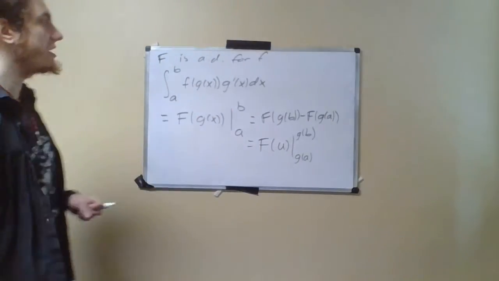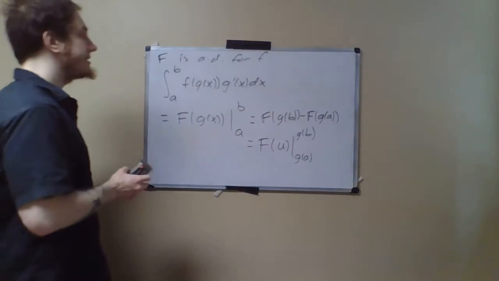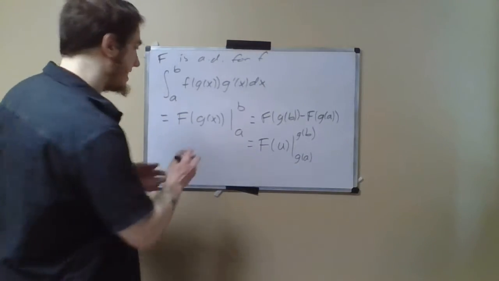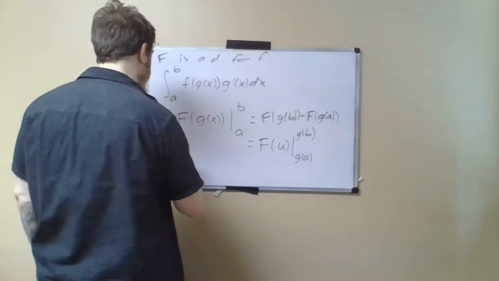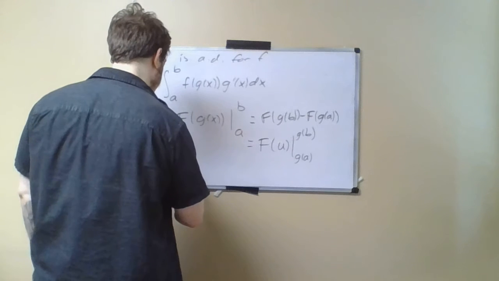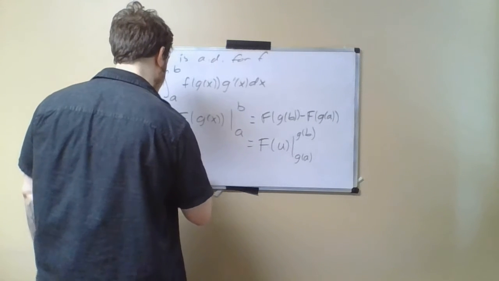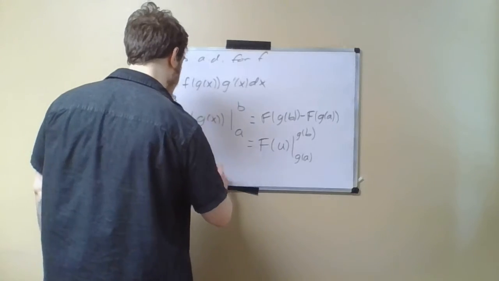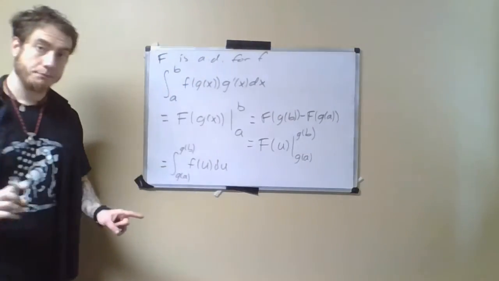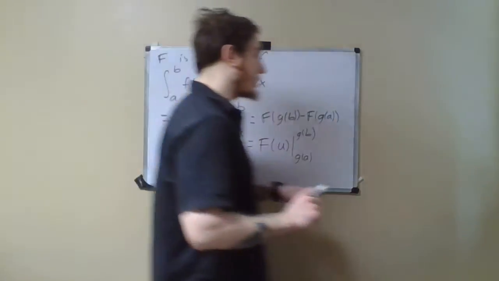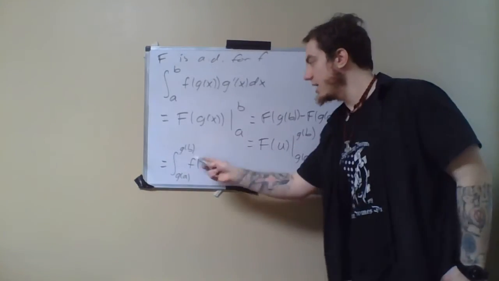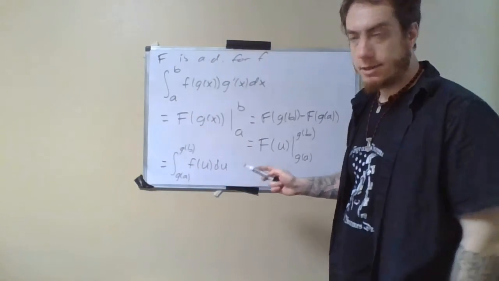And so this is now actually the integral from g of a up to g of b of little f of u du. I've actually used the fundamental theorem of calculus in reverse here to get this answer.